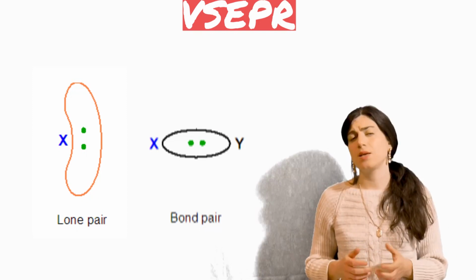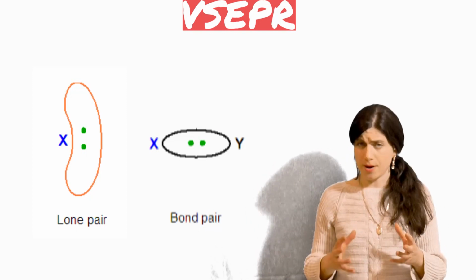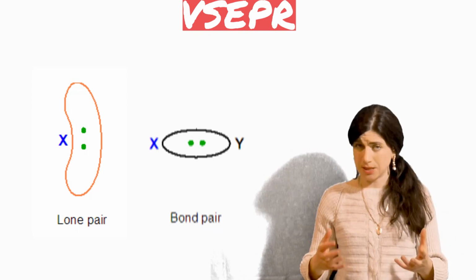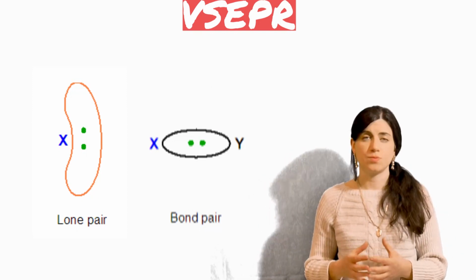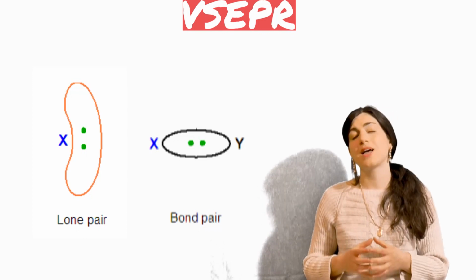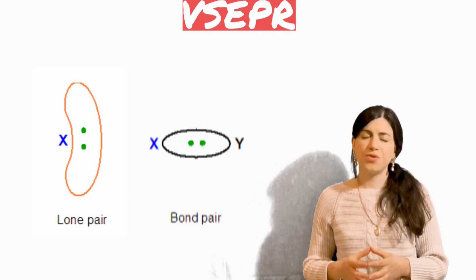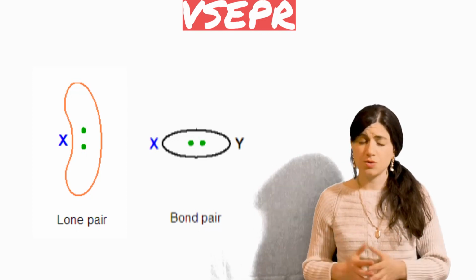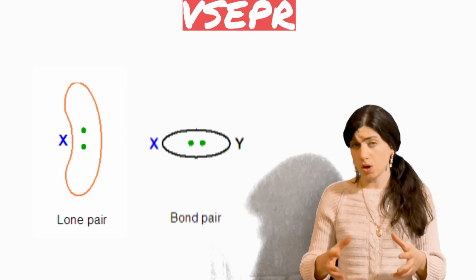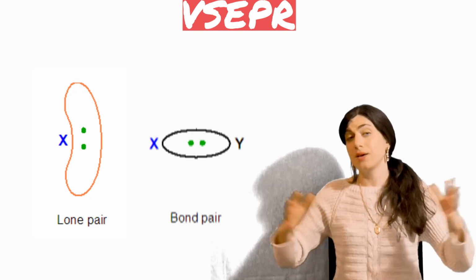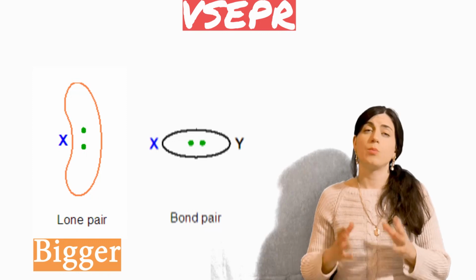In the VSEPR model, the lone pairs are considered more spatially expanded around the central atom. So this model tells us that the lone pairs, since they only feel the attraction of one nucleus, which is the nucleus of the central atom, are bigger if compared with bond pairs.